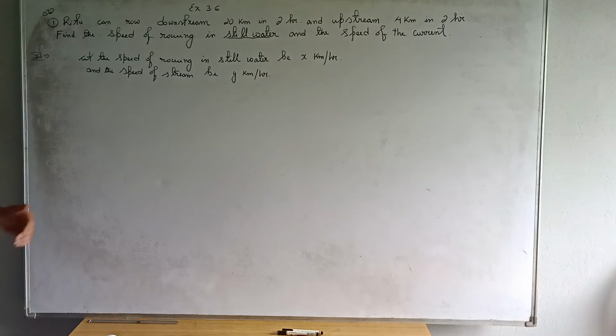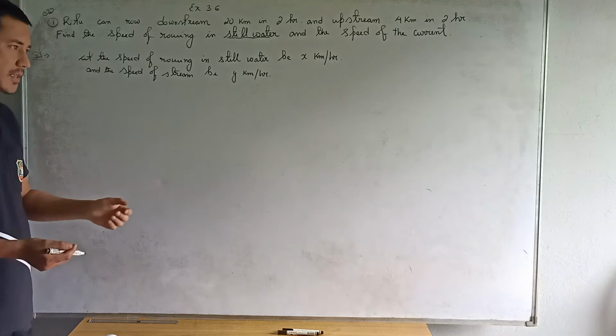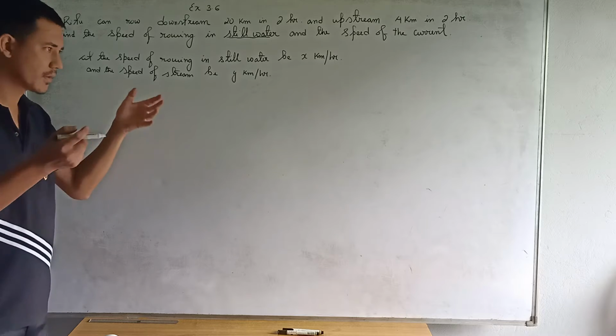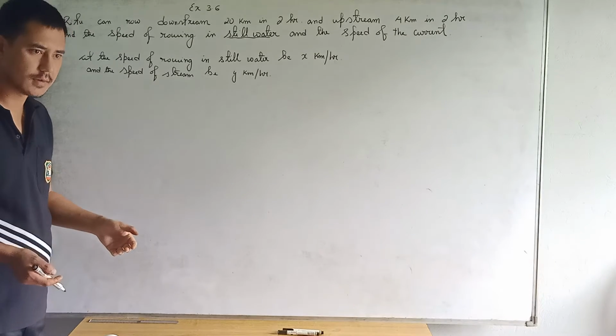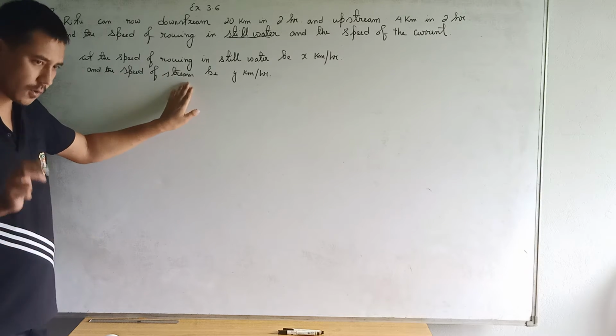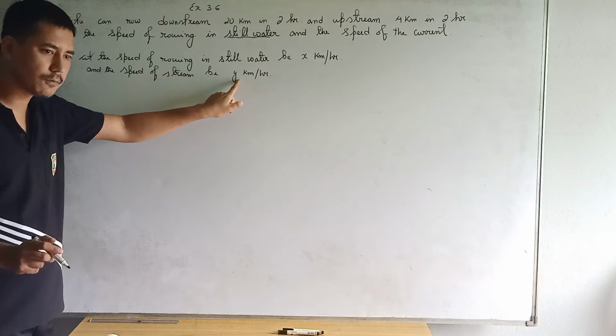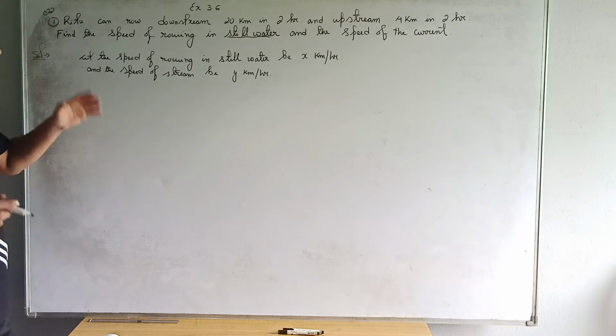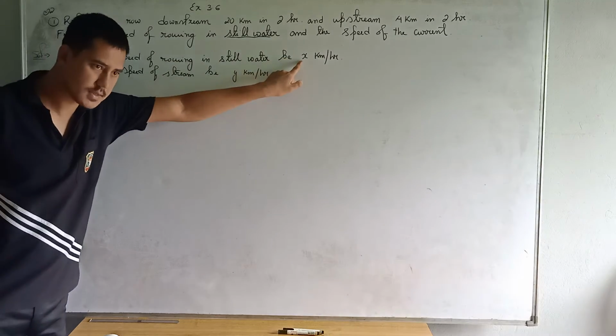Now what Ritu does is, she takes her boat to the river. She sees that the river is flowing down at the speed of y kilometer per hour. On a lake or a pond, her speed is x.